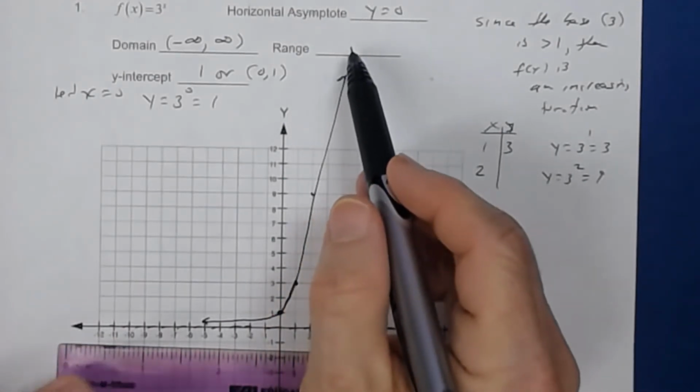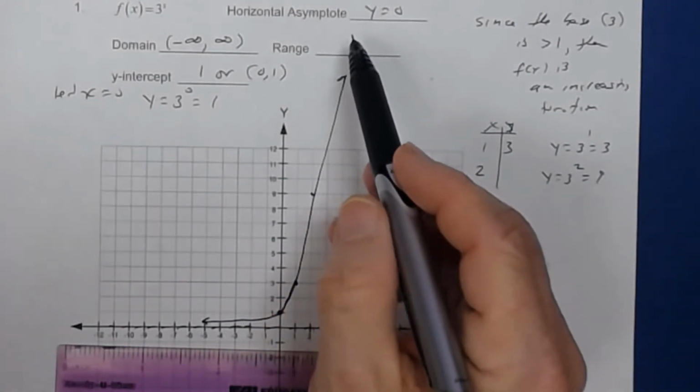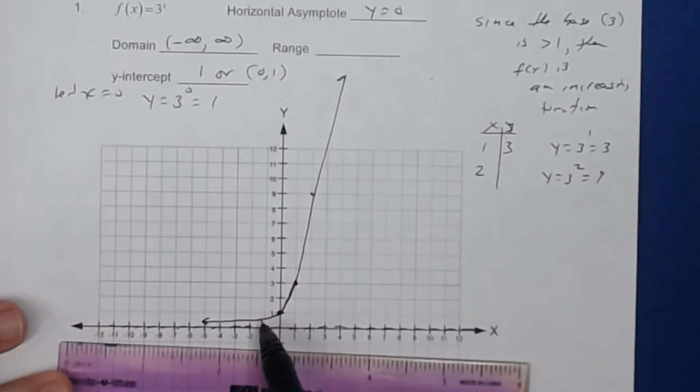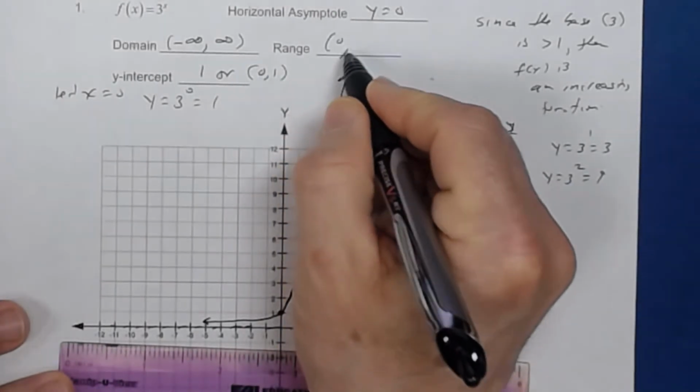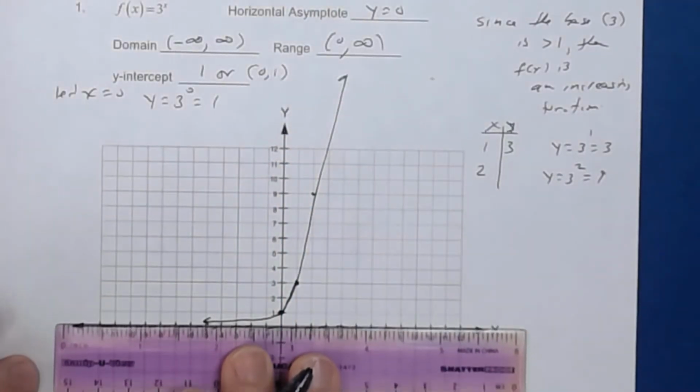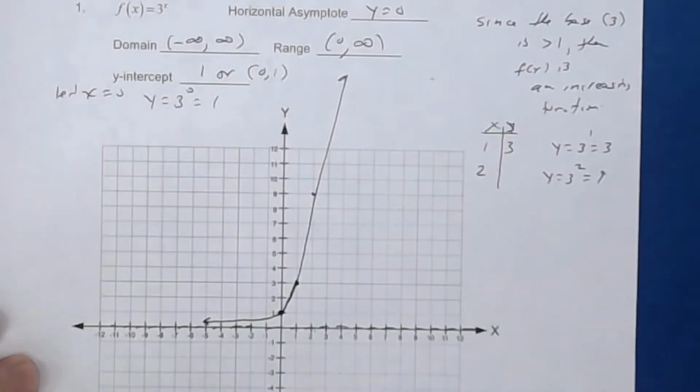I cannot say bracket 0, because if I say bracket 0, that means at some point there's a y value on the graph that's 0, and there's none. It gets closer and closer to 0, but it never is 0. So I have to say parentheses 0 to infinity. Okay? All right, so that was number 1.